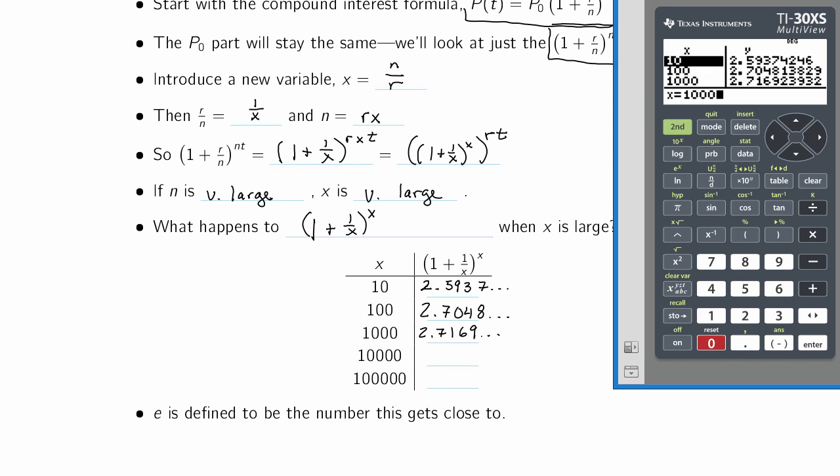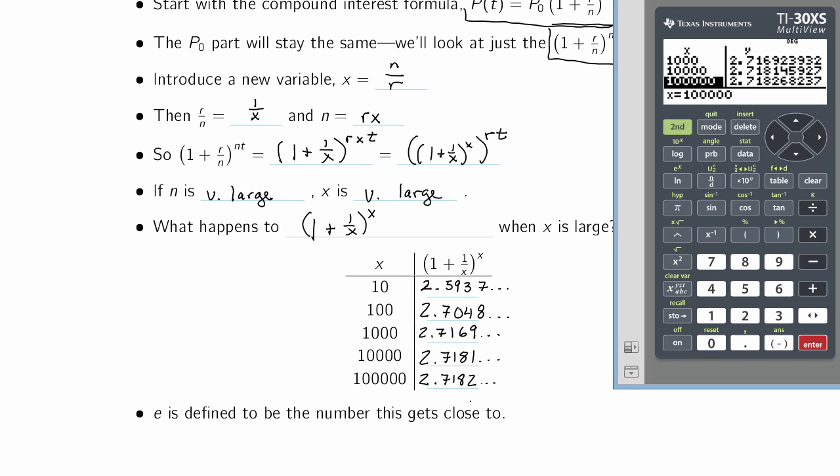Just keeping 1,000 here for reference. And then I'm going to put in 10,000 and 100,000. When x is 10,000, we get 2.7181, etc. When we have 100,000, we get 2.7182, etc. And so it's easy to see that this is getting close to something.